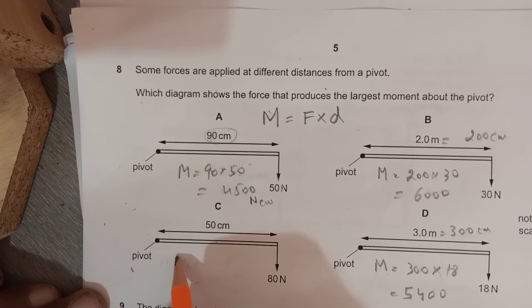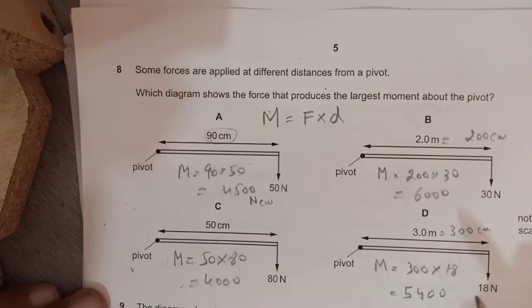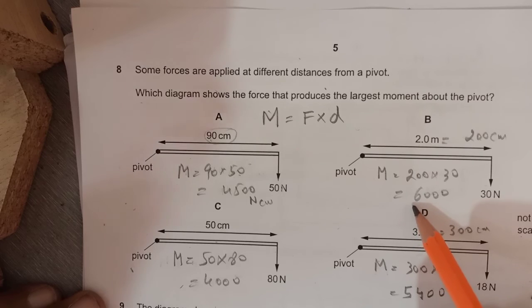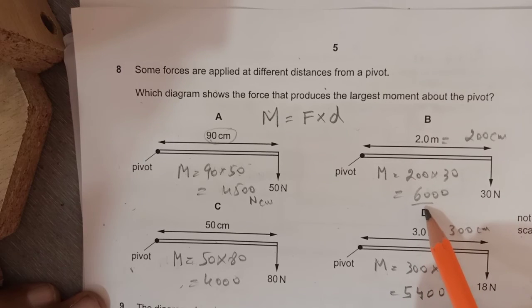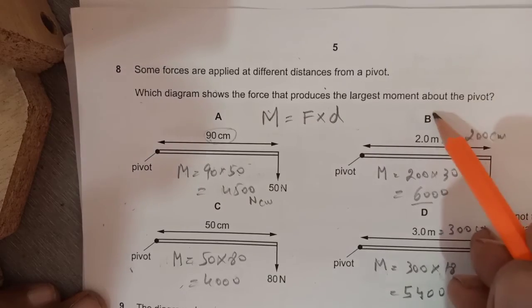Now in case C moment I have calculated on multiplying 50 with 80, the answer is over here 4000. If you look at the biggest value of turning effect of force, moment over here is 6000. So for question 8, the right choice is B, which has 6000 Newton centimeter moment.